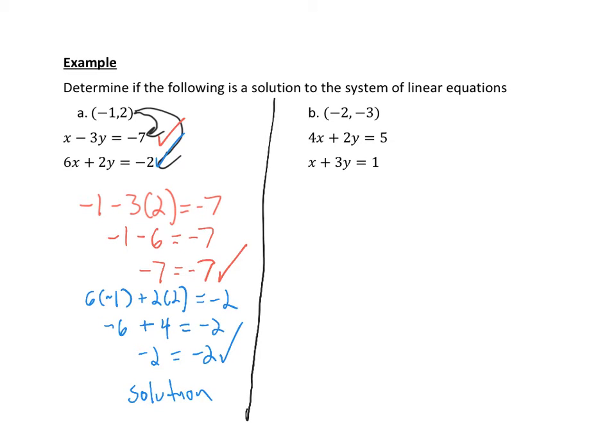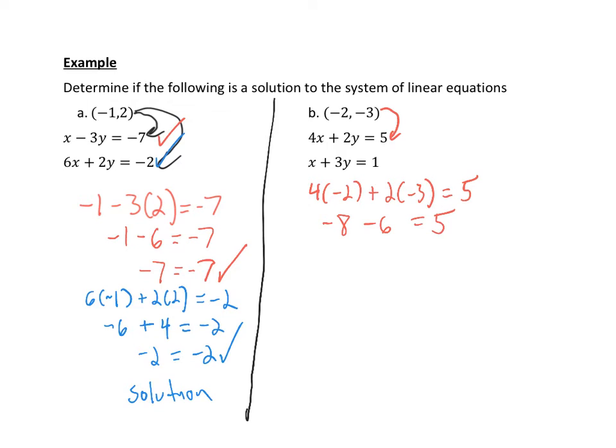Let's try B now and see if again that's true. I'm going to plug both these points into the first equation first. 4 times negative 2 plus 2 times negative 3 should give me 5. Negative 8, and then 2 times negative 3 is negative 6.